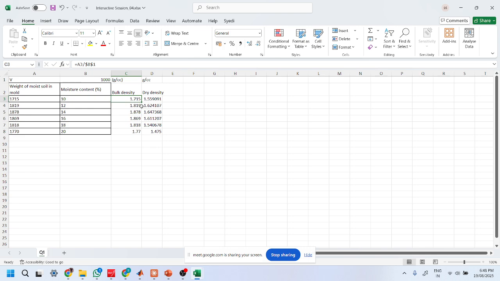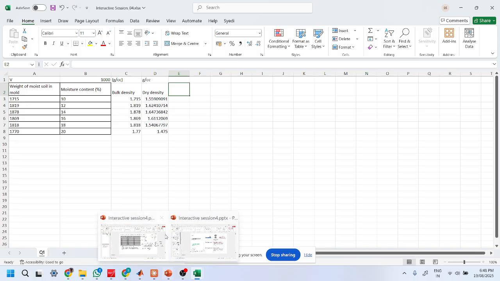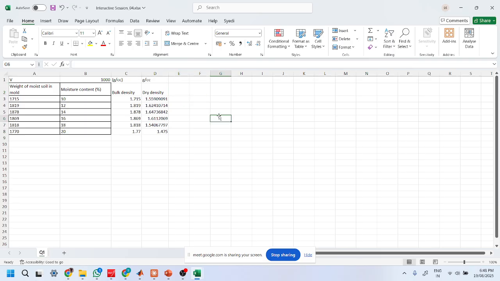Now 17.15 kilonewtons per cubic meter, incremental, it will be around 15.59 kilonewtons per cubic meter. Those are the values that we use in the recommended maximum dry unit weight at a moisture content of about 59%. Let's go to the graph.